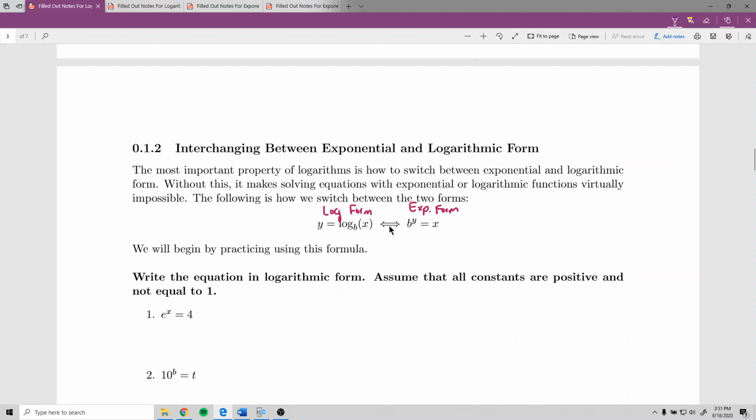Right, so the way to switch is much more visual than you should just memorize this formula. It's a lot easier if you visualize it. The way I think about it, notice that the base is the same on each side.